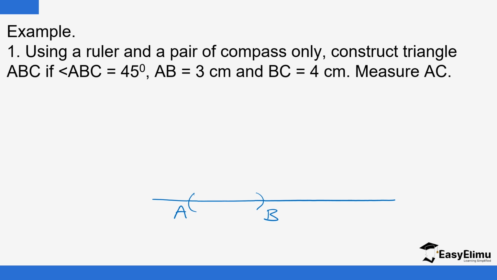So I will have to draw a perpendicular bisector first. So I'll use B as the center and a convenient radius. So I'll make an arc up there. So let me push this line up a bit.